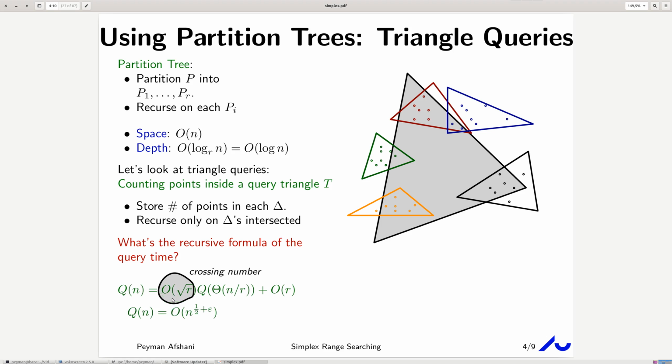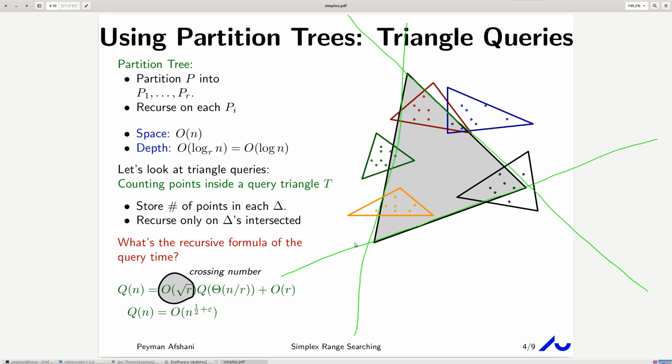And here's the thing. The crossing number of a triangle is 3 times the crossing number of a line, because a triangle is contained inside 3 lines that form its boundary. So you look at all these 3 lines that form the boundary of this triangle. The number of partitions intersected by the triangle cannot be more than the sum of the partitions intersected by these 3 lines.